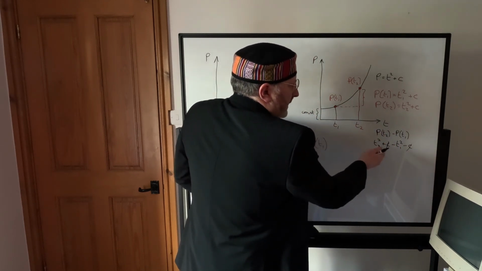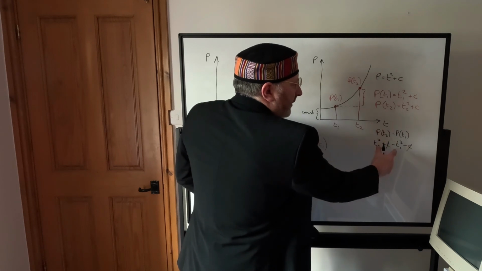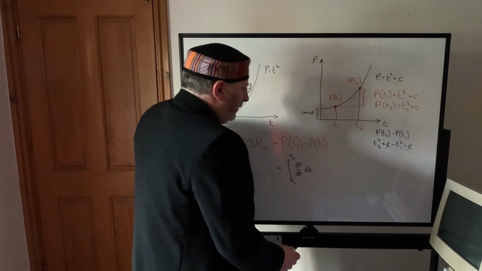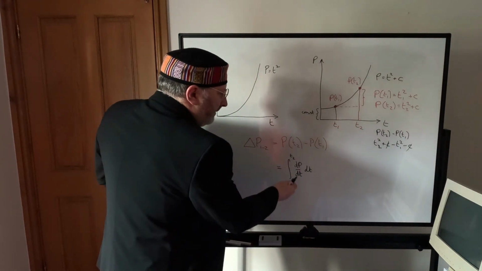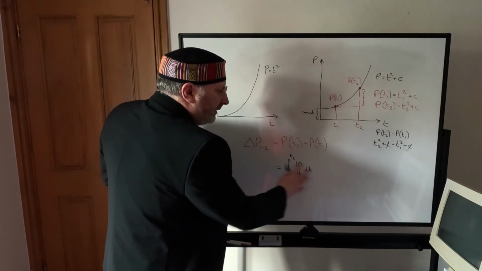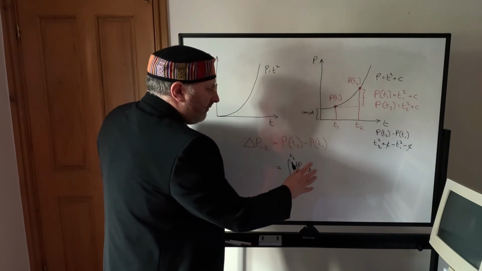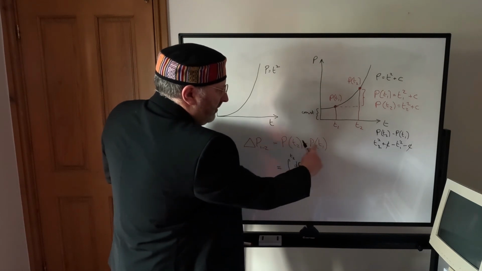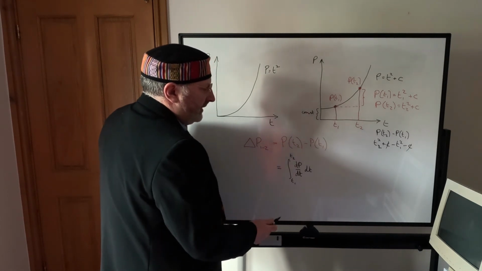So indeed, the difference between them is just t2 squared minus t1 squared in our example. So when we've got this integral, we don't worry about the constant of integration. And we know that that is equal to P of t2 minus P of t1.